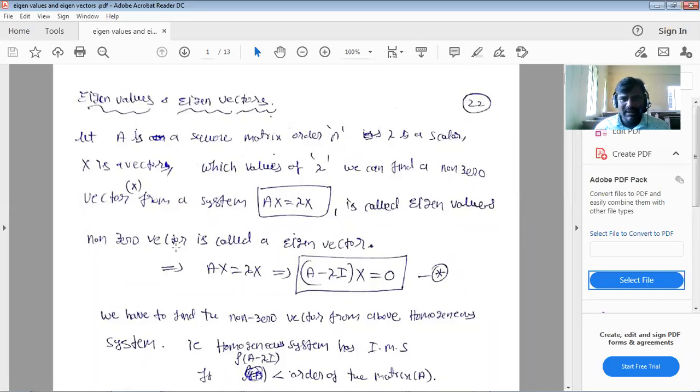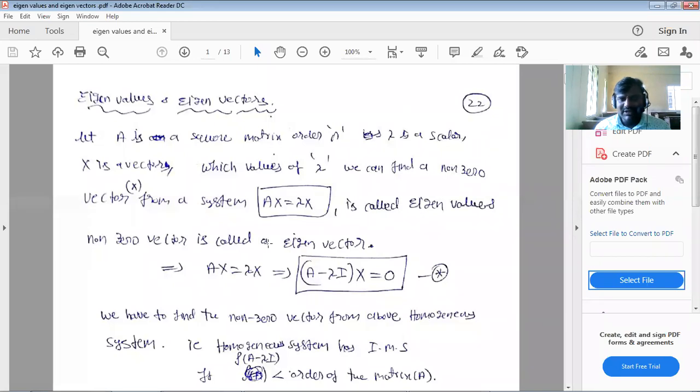This is the definition. Now how to find lambda and how to find x, that we are going to discuss. The textbook simply says the solution of the characteristic polynomial is called the eigenvalue, and the solution of Ax minus lambda x equals 0 is called the eigenvector. But how it comes about is because of this definition only. First listen to the theory, and after that we are going to solve the problems.